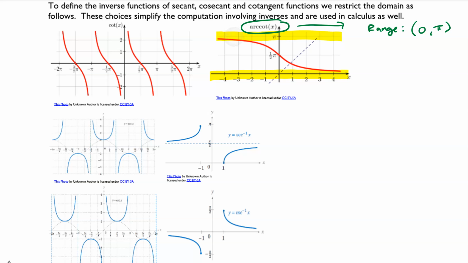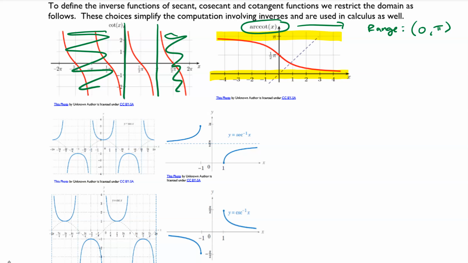And so that's why in the cotangent graph, we are restricting the domain between 0 and pi. So we're ignoring everything outside of that so that we can get it to be a one-to-one function.